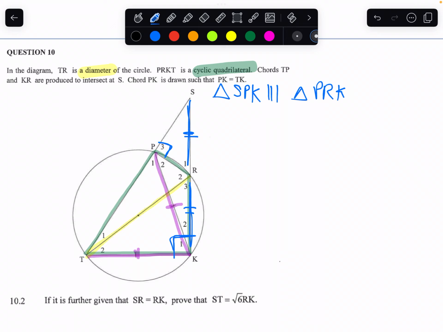Then we're asked to prove that ST is equal to √6 times RK. Wow, that is so interesting.